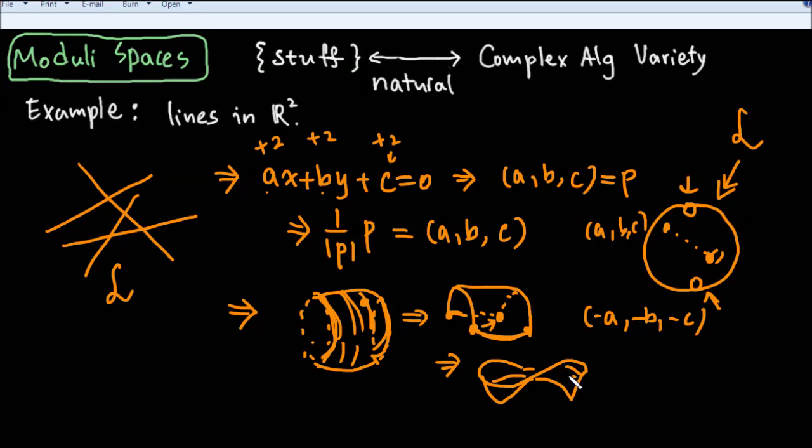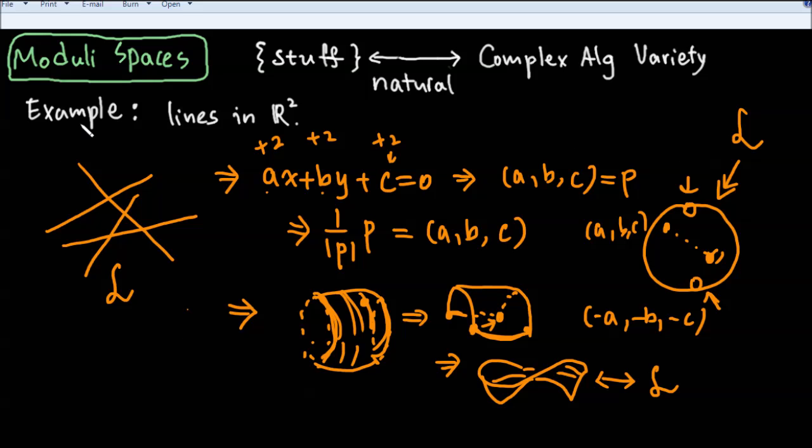And this is a terrible picture of a Mobius strip, but we don't include that boundary. So it's an open-boundary Mobius strip, which seems like a one-to-one correspondence with all the lines in there. So this is a homeomorphic description of the moduli space of all the lines in R2.